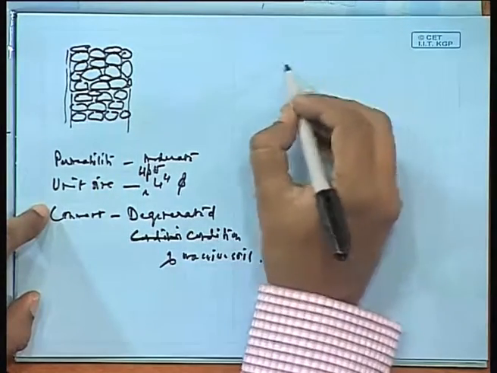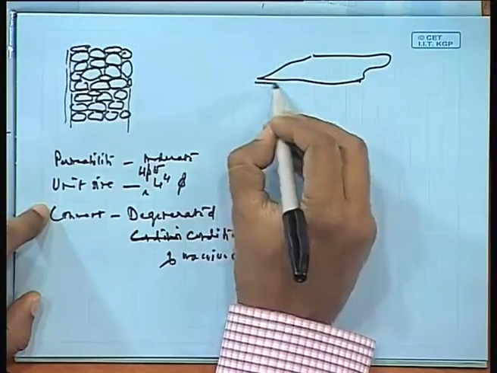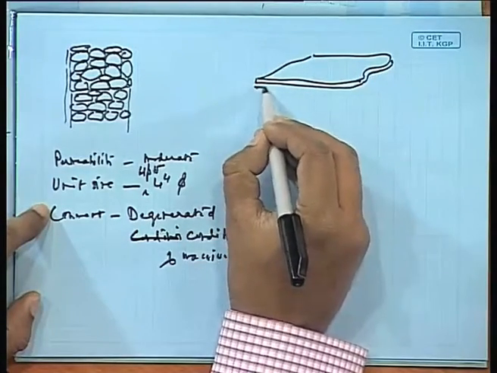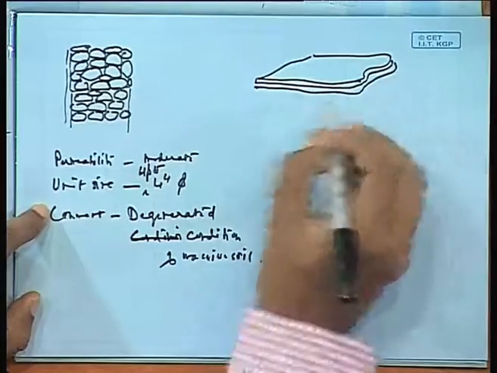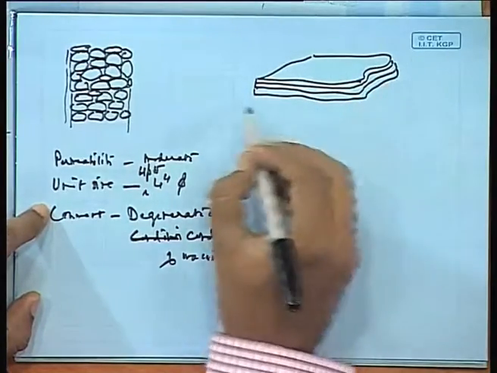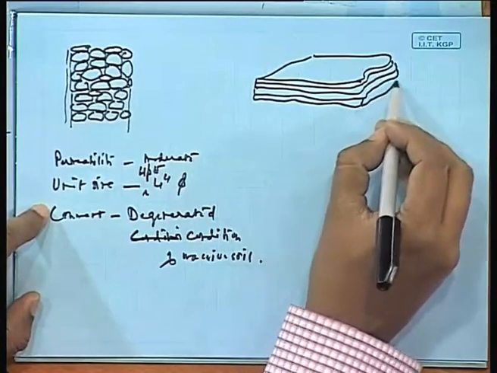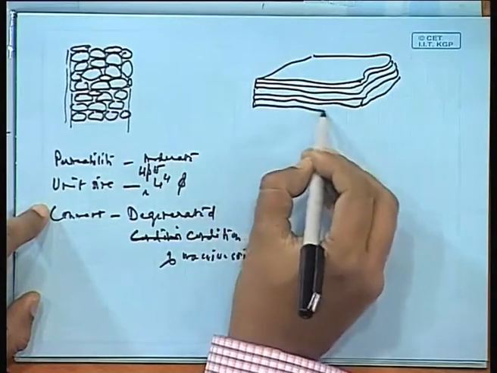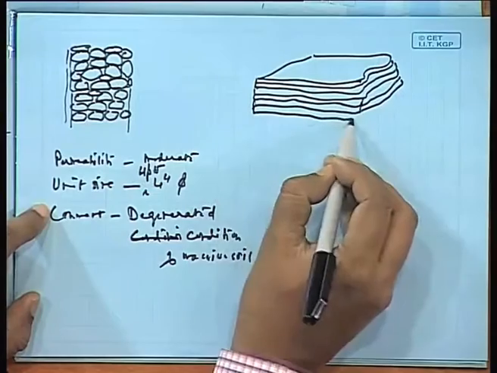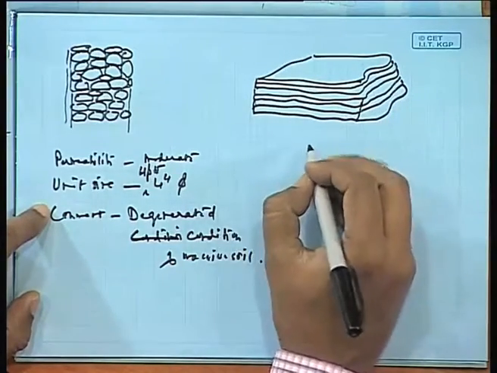Sometimes there is another kind of soil that we generally see, which looks like a plate, like this, in a platey soil. Particularly in the river basins, you will find this kind of soil. Okay, so this is called platey.